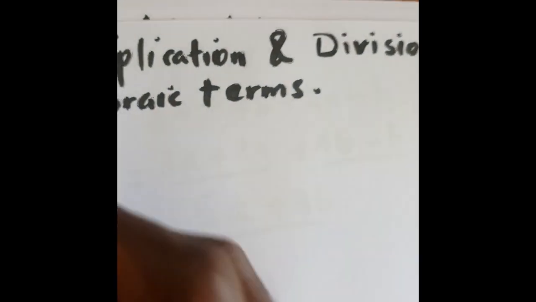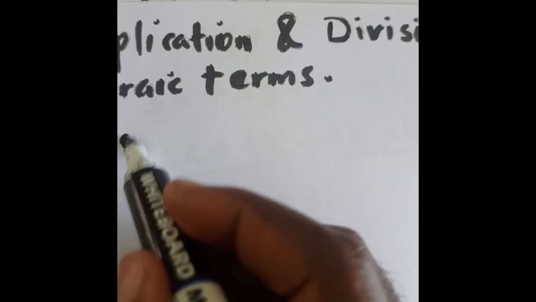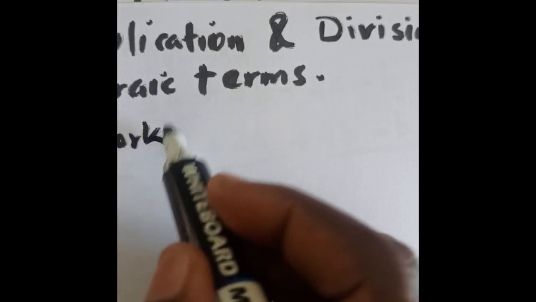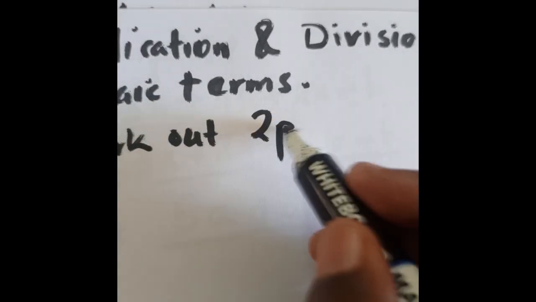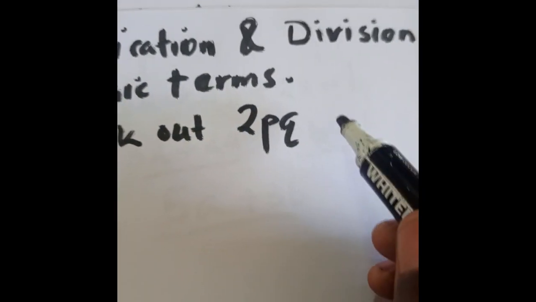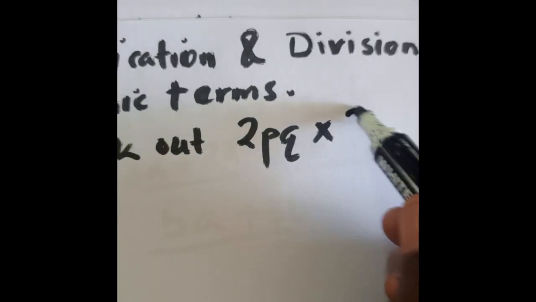For example, you could be asked to work out say 2pq multiplied by 3q.